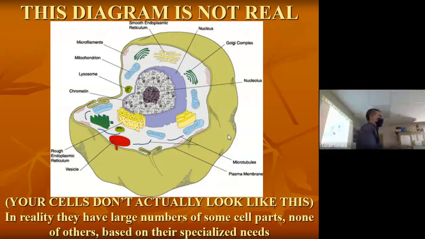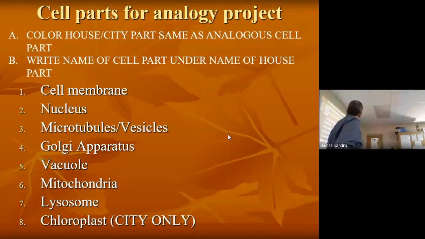And your coloring page comes in handy because now, not only are you going to label your house parts with the names of the cell parts that match, you're going to color code them. You're going to color your house parts the same color as the cell parts that do the same job. Does that make sense? So here is the list and the instructions.